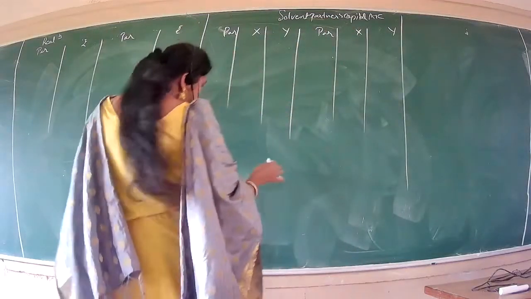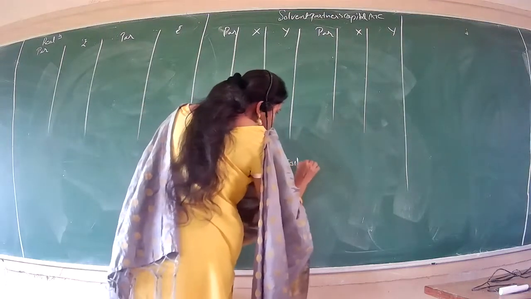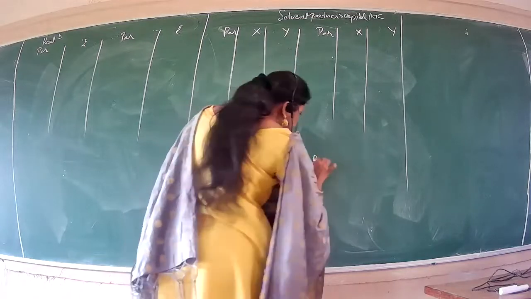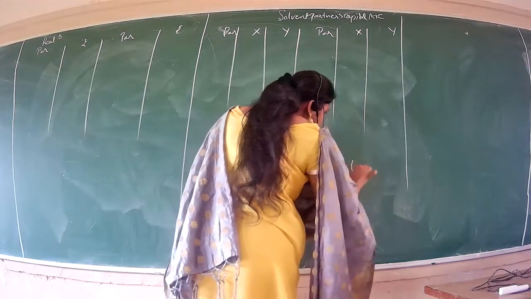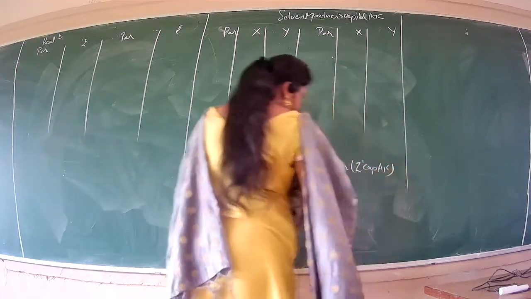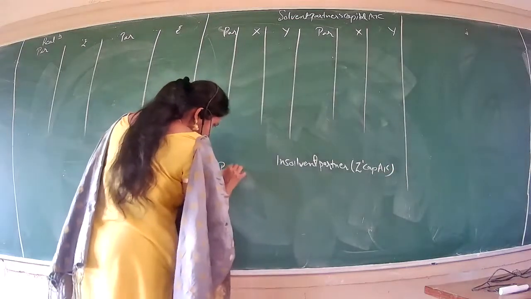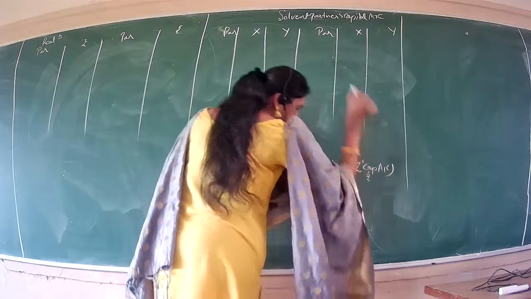Fine. And then we have to open the account for the insolvent partner also. That is your Z capital account. Particulars, amount, particulars, amount.